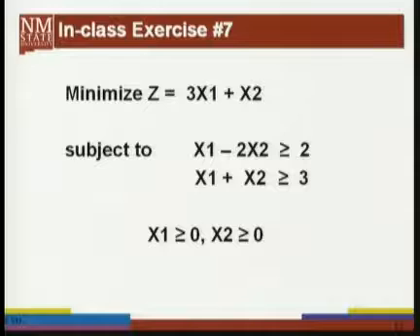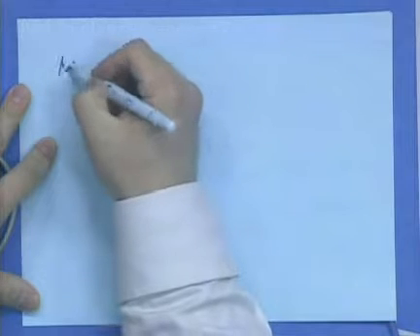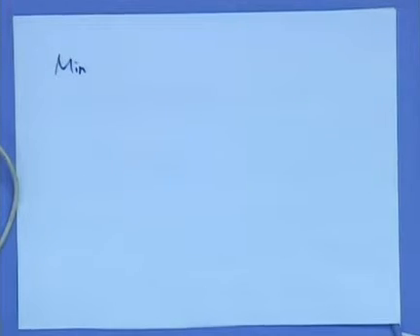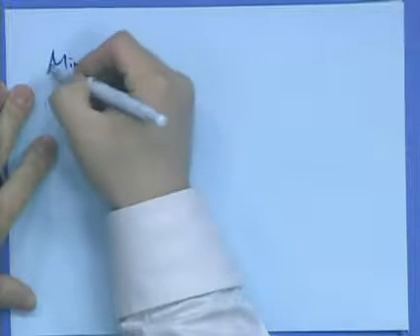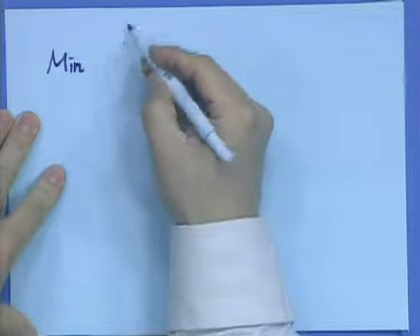And then next, we need to convert the given inequality constraints to equality constraints, right? So, like this case, both constraints have a greater than or equal sign, so we need to subtract a surplus variable, right? And just to let you know that we are dealing with a minimization problem rather than a maximization problem, right?